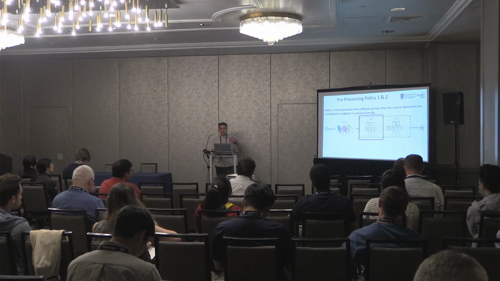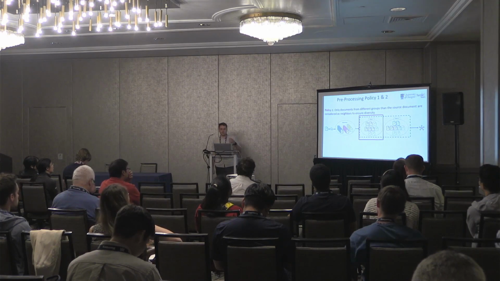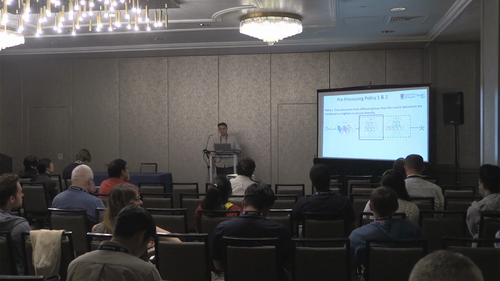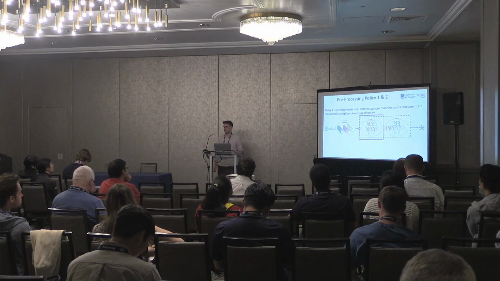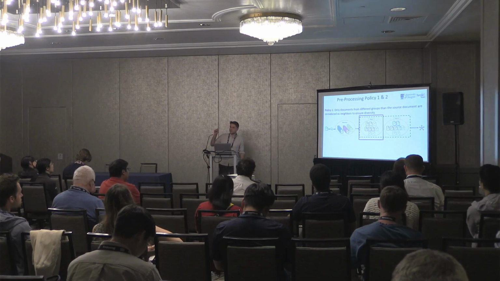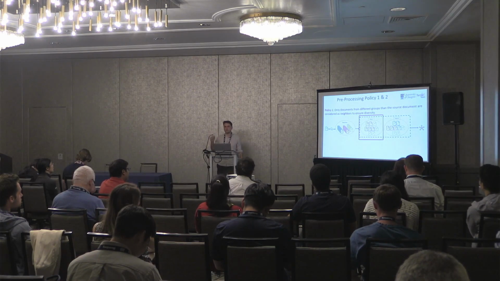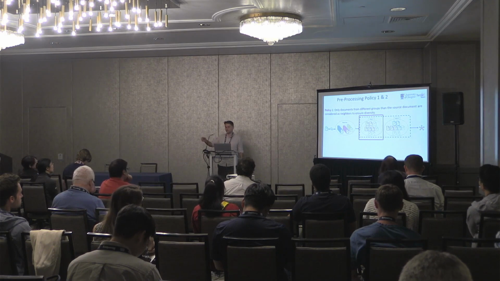So what we want with the first policy is to achieve that only documents from a different group than the source documents are considered as neighbors. So remember, when we go to the graph, we had a scored document, and for this document we try to find related documents.